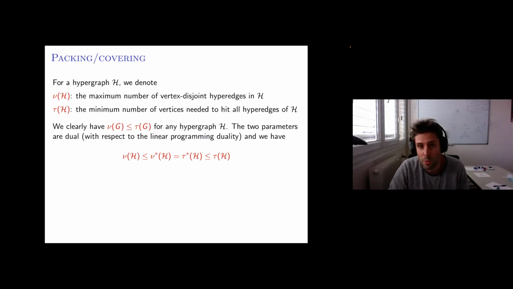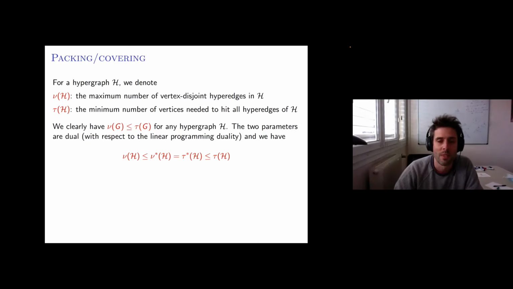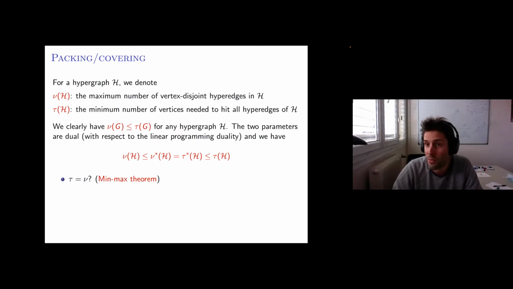And in combinatorial optimization, the natural question is, can you say more about tau and nu? There are a bunch of typical questions that people ask in this context. First, when do you have tau equal to nu? Usually when you have this, it's a nice min-max theorem, like Koenig's theorem, that the maximum size of a matching is the minimum size of a vertex cover in bipartite graphs. It's exactly a tau equals nu theorem.